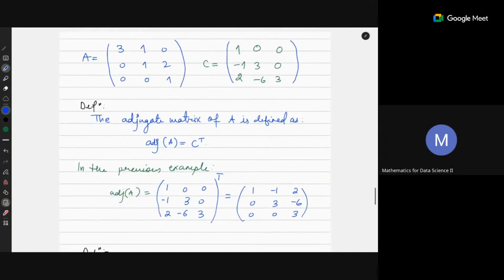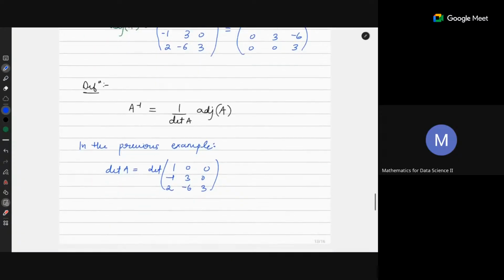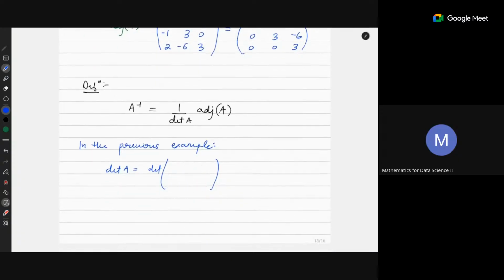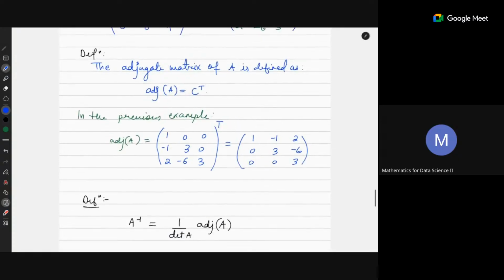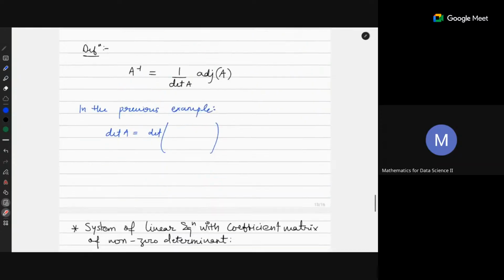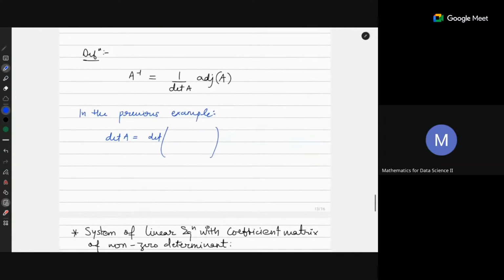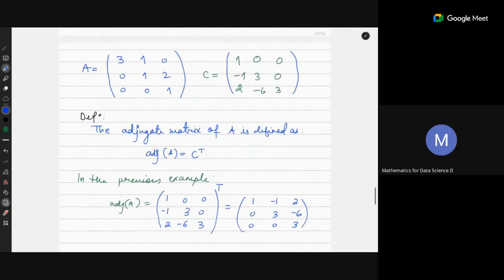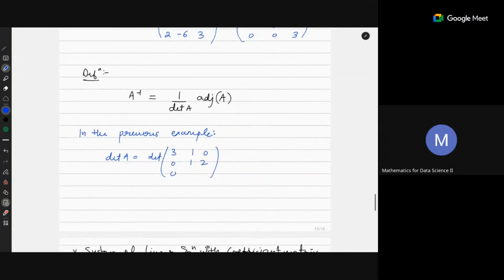It is 3, not 9. Sorry, I had written the cofactor matrix. What is A? A is this, your original matrix. You need to find the determinant of A, not of the cofactor matrix. So it is 3, 1, 0, 0, 1, 2, 0, 0, 1, an upper triangular matrix.